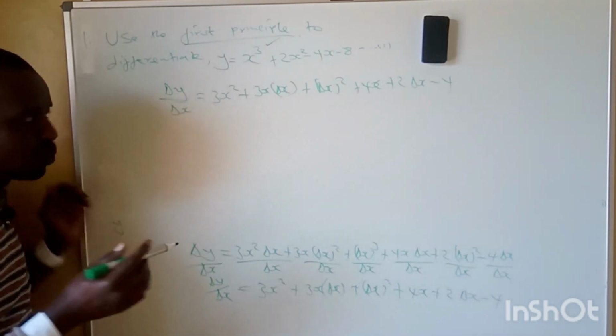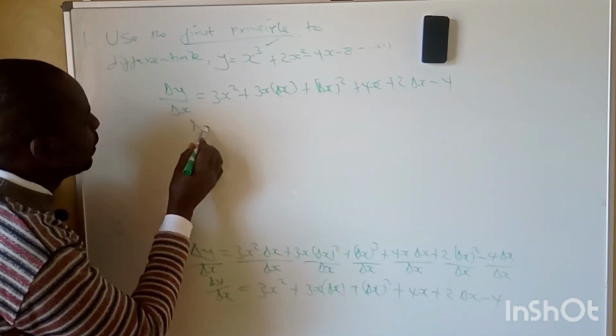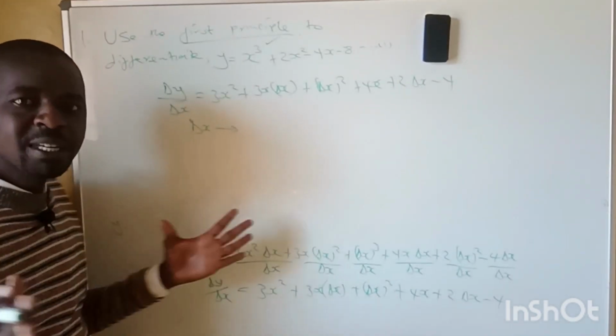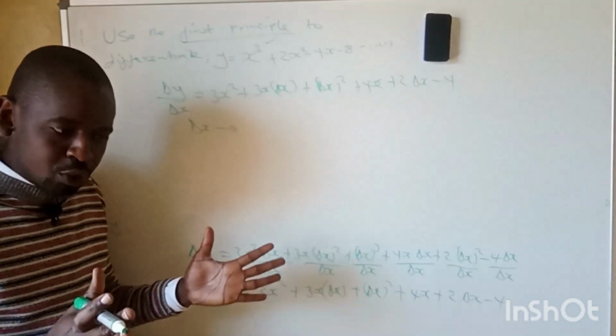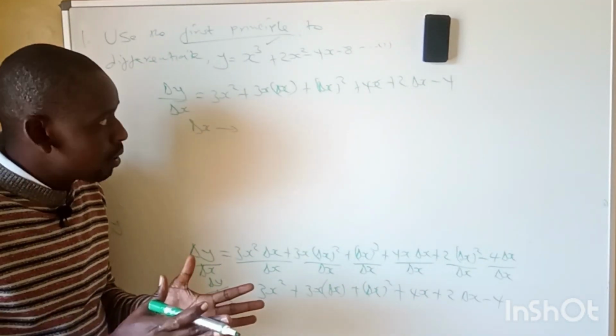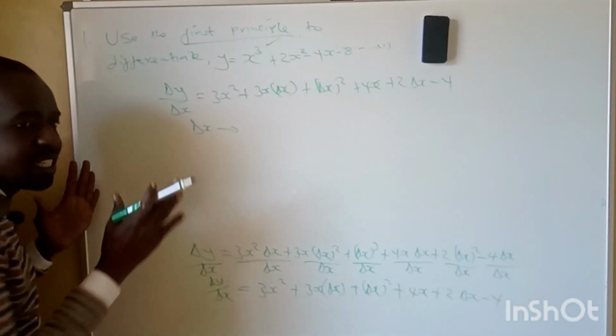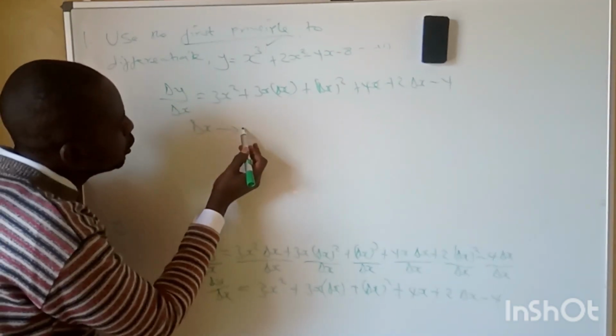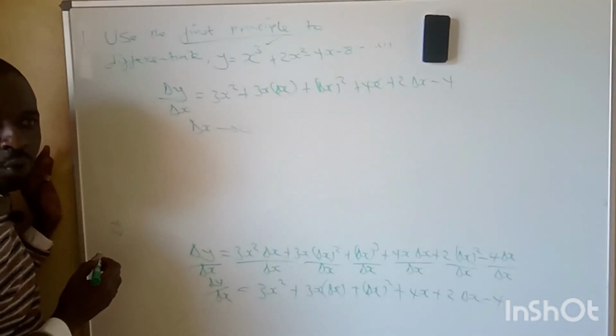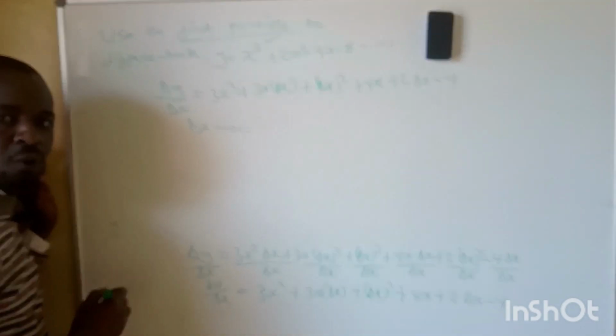So that change that we are saying, let's say that now the dx is changing, it is becoming smaller and smaller. So if it is becoming smaller until it reaches 0, dy over dx will be what?